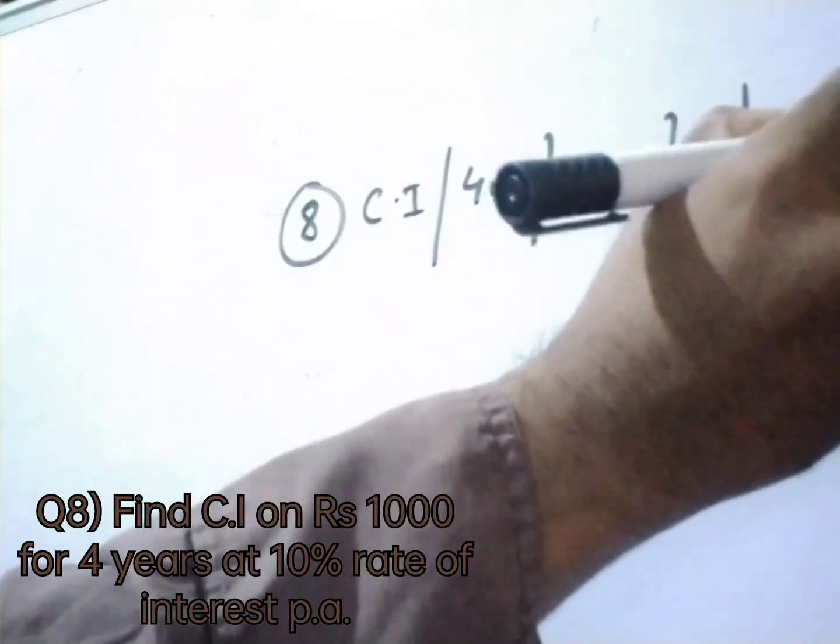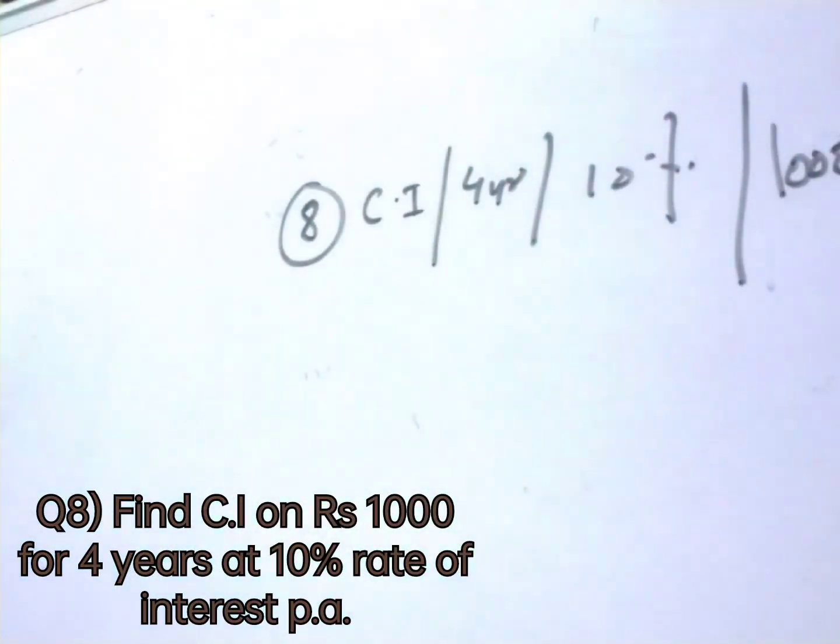Rate is 10%. Amount is 1000. So for 1000 rupees, find the compound interest. Time is 4 years. Rate is 10%.